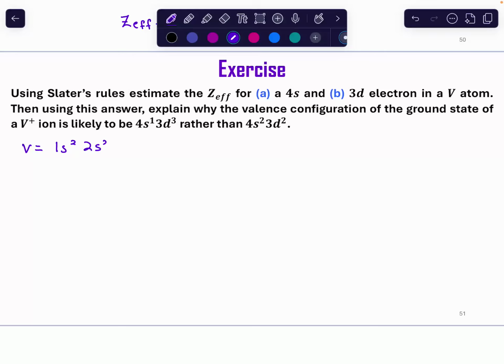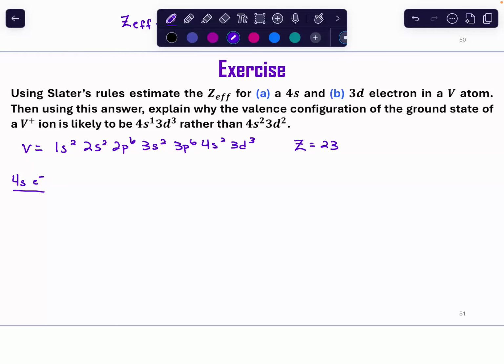1s2, 2s2, 2p6, 3s2, 3p6, 4s2, 3d3, and the atomic number is 23. Now the 4s electron.